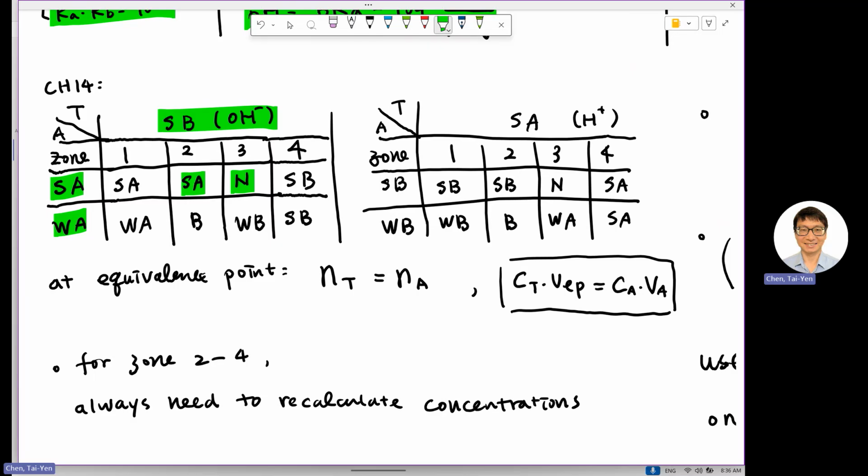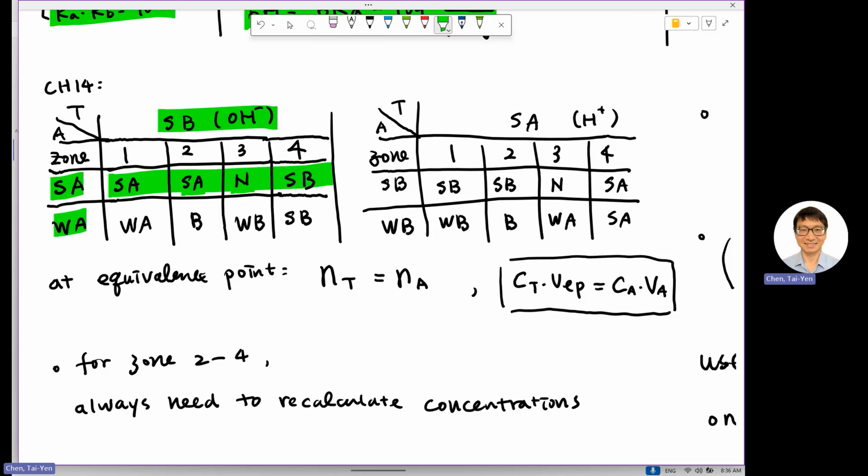Therefore, all you have is a water solution, and you end up with a neutral situation. After passing the equivalence point, you have more titrant than analyte, meaning more strong base than strong acid. Therefore, you end up with a strong base solution.